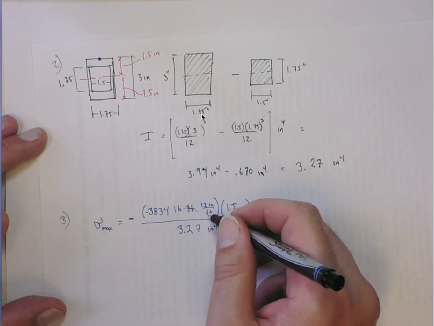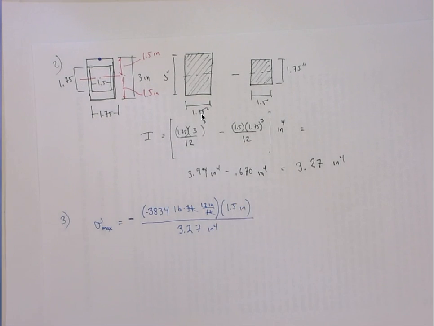Okay, so we cancel out. We've got inches squared over inches to the fourth, so I get inches squared below, or a PSI. So we get 3.834 times 12 times 1.5, divide, and then it's going to be a positive.